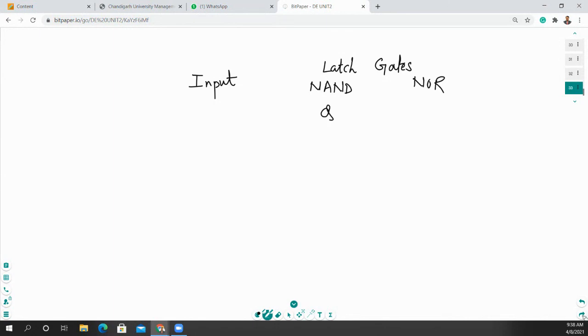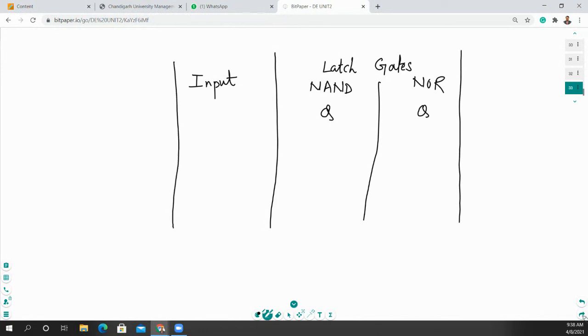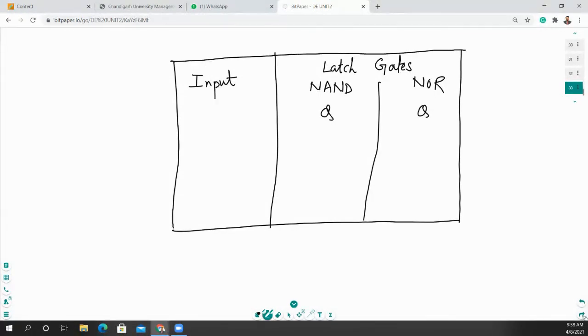Here you will get output Q, and here you will get output Q bar. So you have to remember these Q outputs for the NAND gate latch and NOR gate latch. Okay, this table you have to remember for the next lectures.